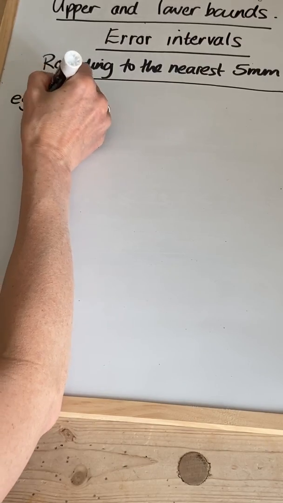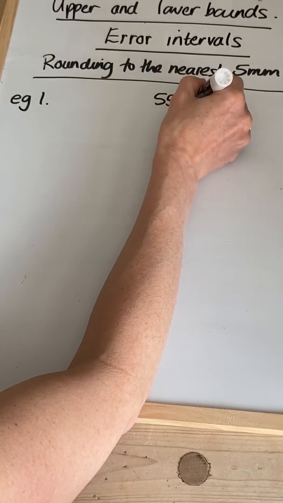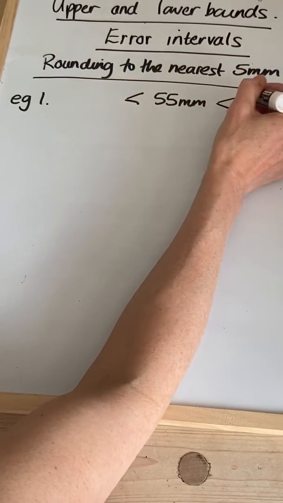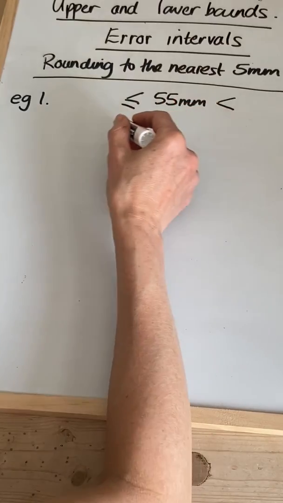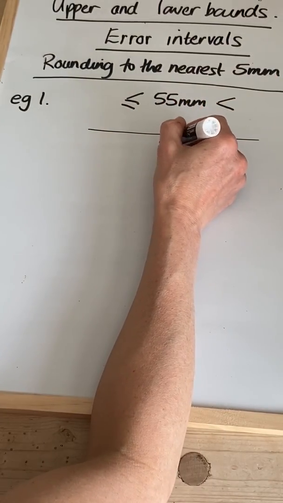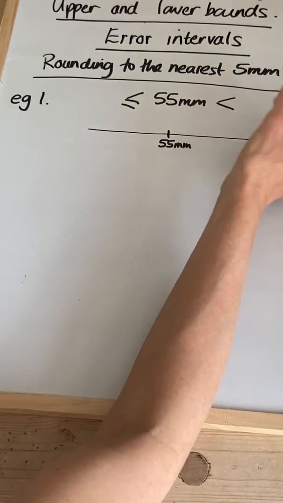So example 1. I've got 55 millimeters and I want to find the upper and the lower bound for that. That has been rounded to the nearest 5 millimeters.